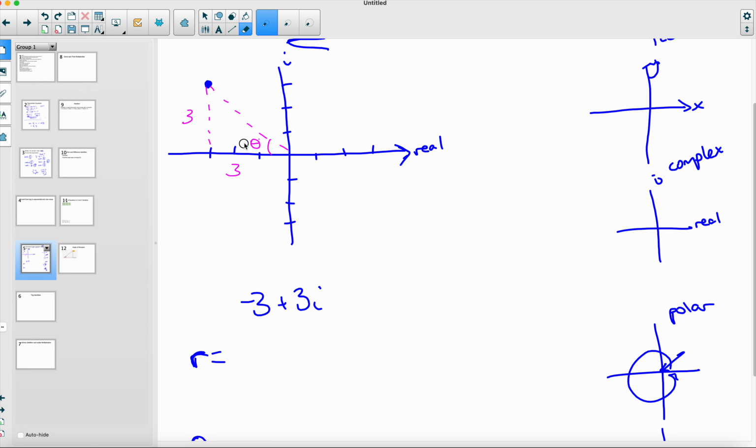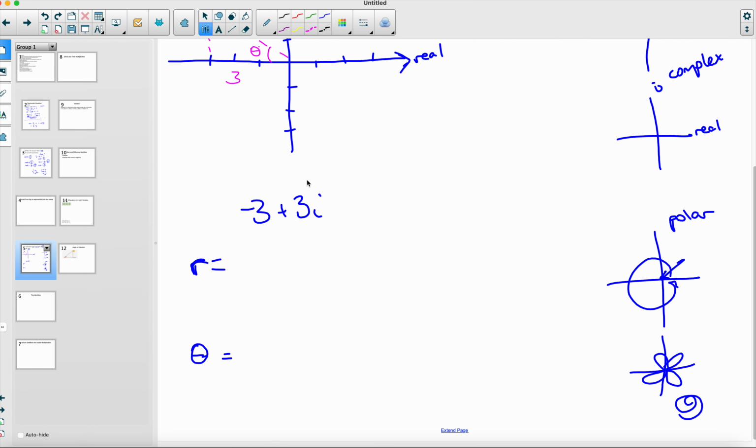So I can now identify the distance from here to here. Right, this is what I want to know: how far away from the pole, and then I need to know this reference angle so I can get the full angle to put my thing in polar form.